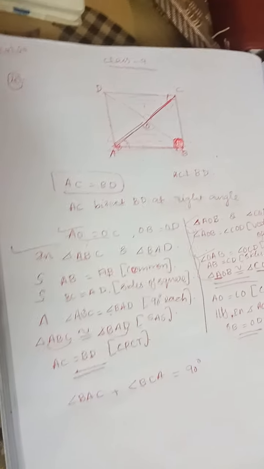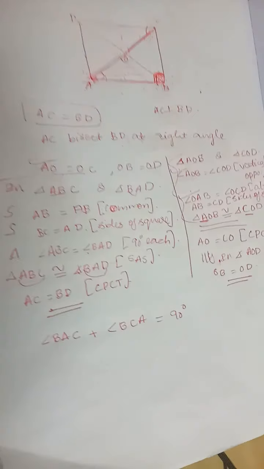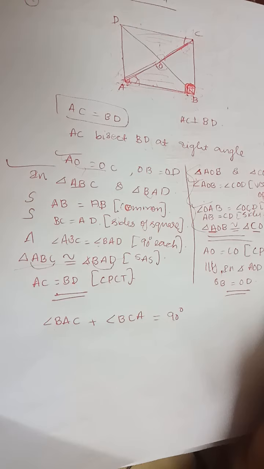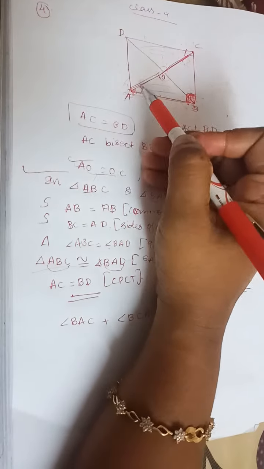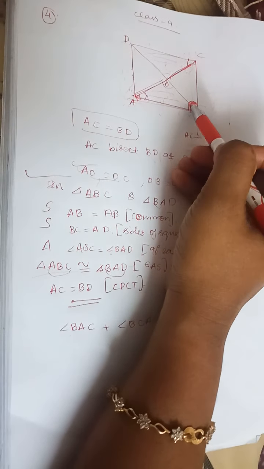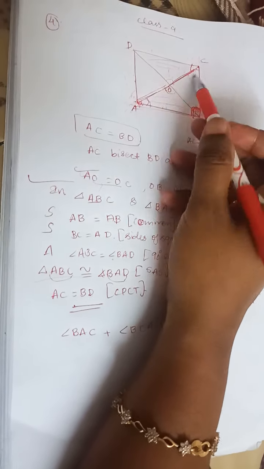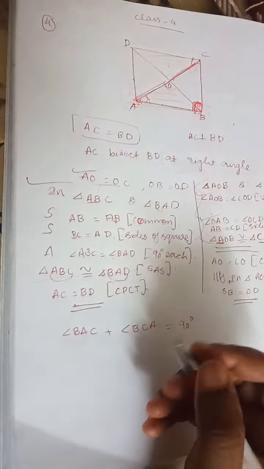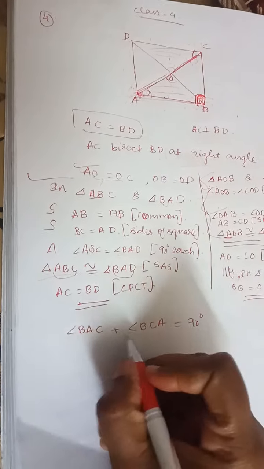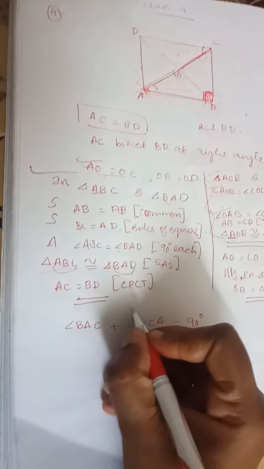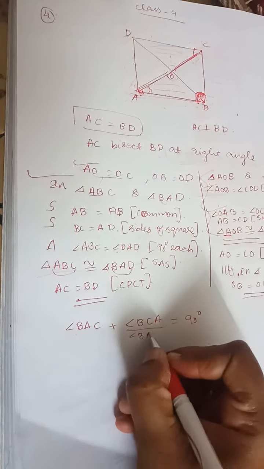So angle BAC plus BCA we will get 90 degree, because we know that angle B is equal to 90 degree. Angle BAC and BCA are equal, correct? So we can write here angle BAC instead of BCA because both are equal.